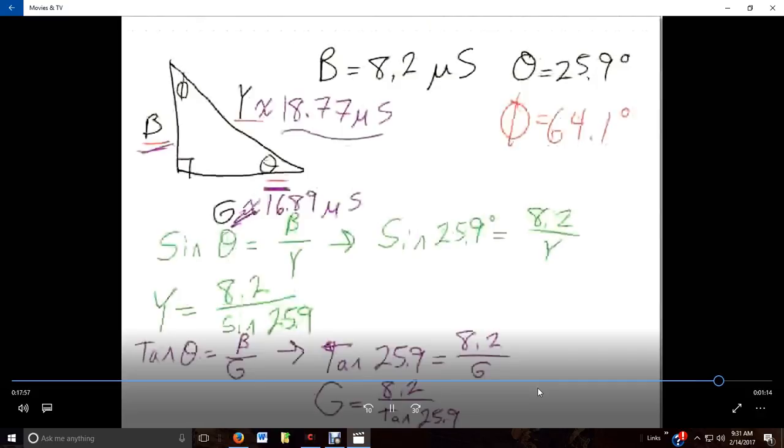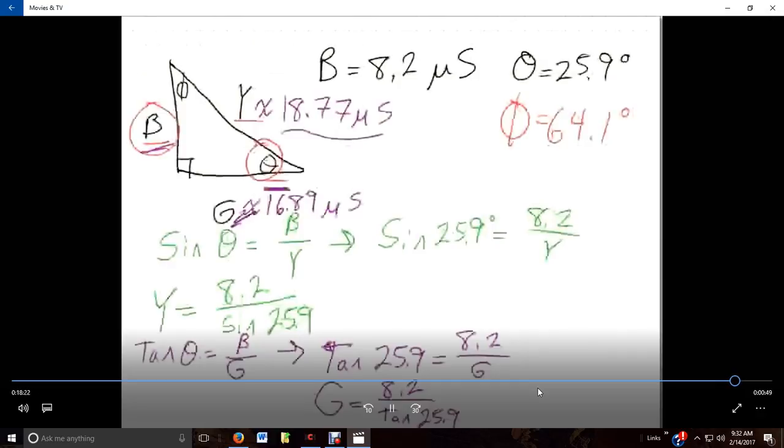Let's look first at our angles and sides. This angle is 25.9. It should go with the shortest side. Well, 25.9 goes with 8.2. 8.2 is the shortest side.